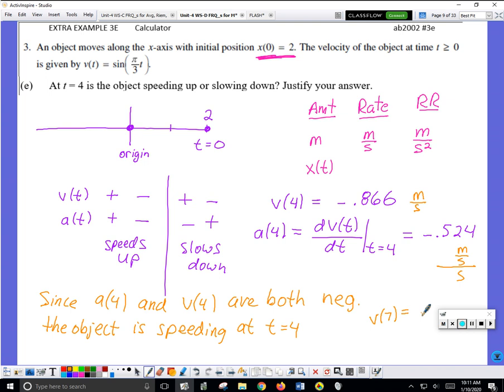The acceleration means like the velocity will change by negative 0.524 every second. That was just for 3 seconds, I don't know.